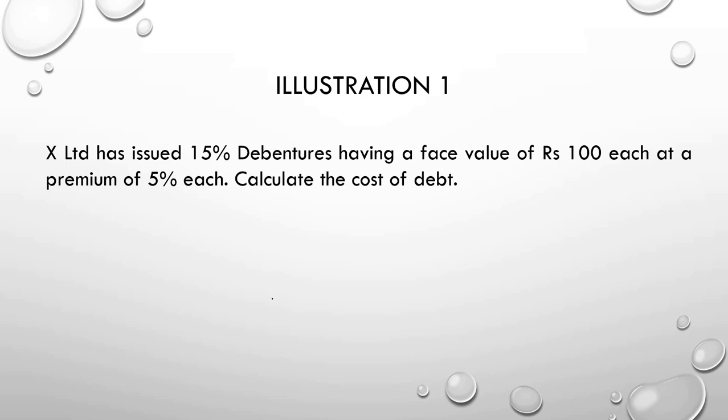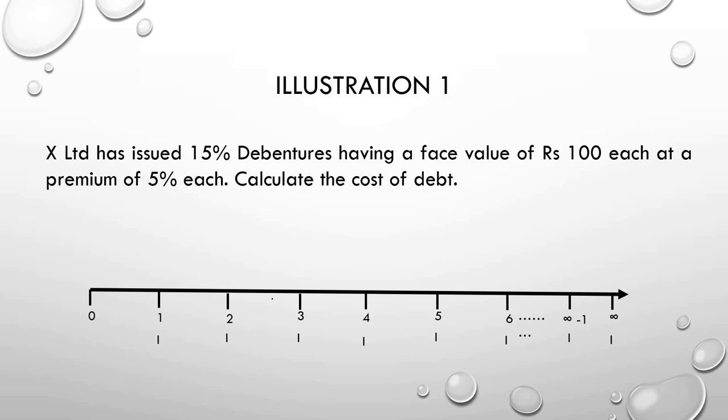If we draw a number line, or you can say a timeline, this is my current point. Right now I am issuing the debenture at this point, and the company pays the interest every year. This is your interest I. So the company pays interest at the end of year 1, at the end of year 2, at the end of year 3, 4 and so on.